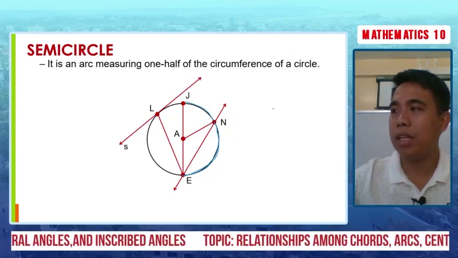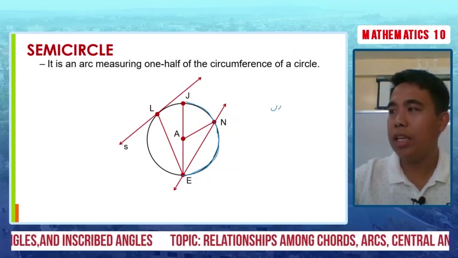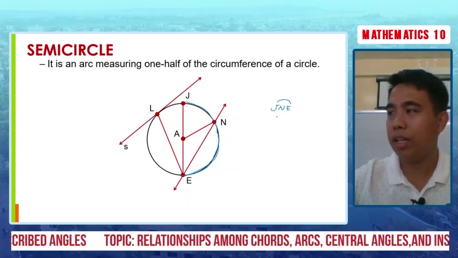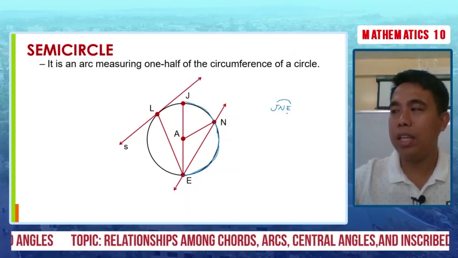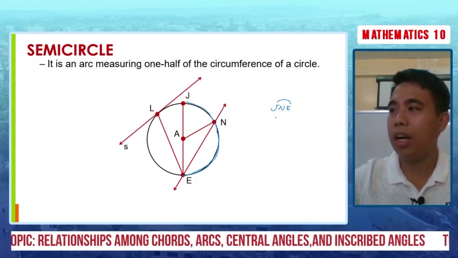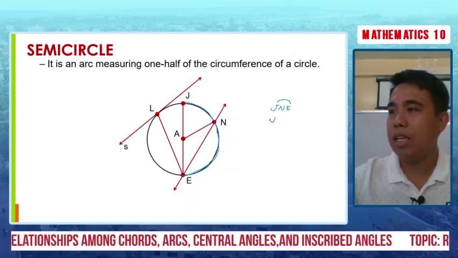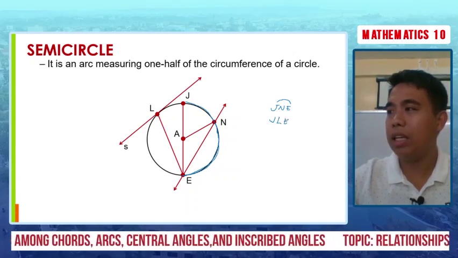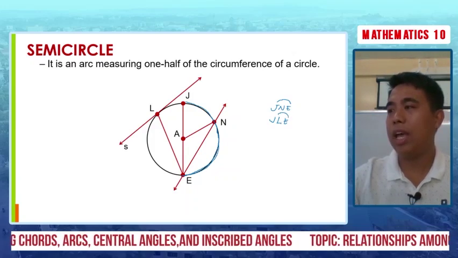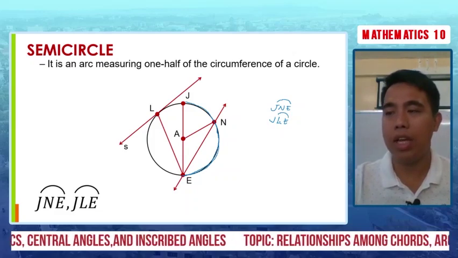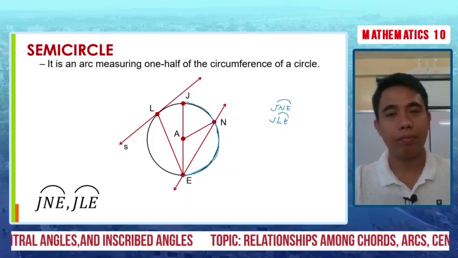So arc JE is a semicircle. Another semicircle is arc JLE. So we have two: arc JE and arc JLE.